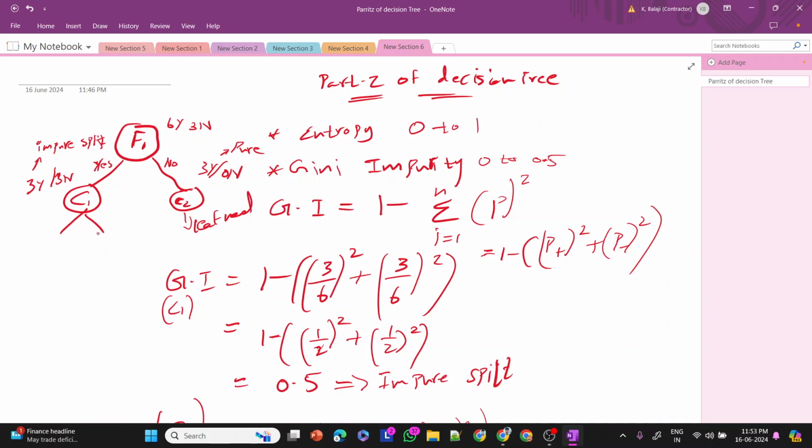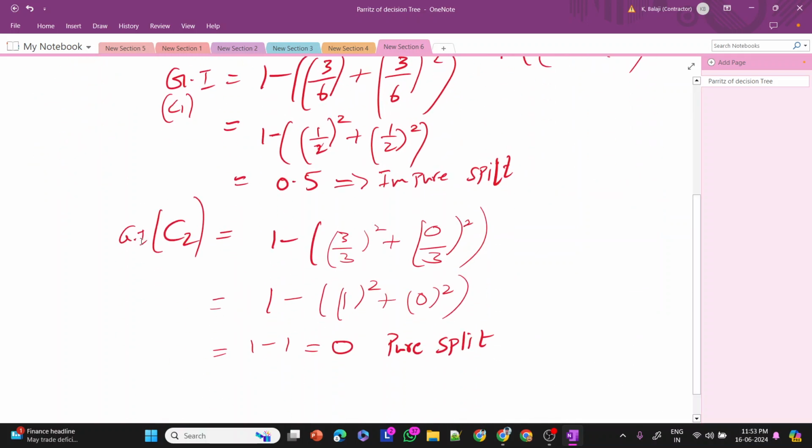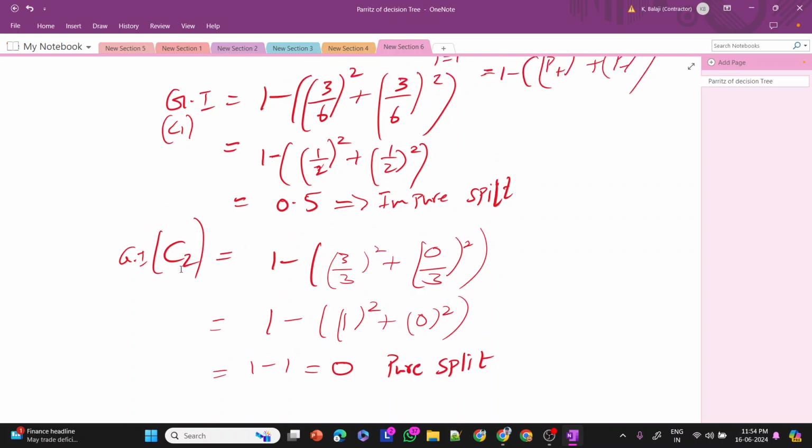Like this, if we want to split further, we have to compute entropy and Gini, and continue until we get 0 for all other nodes. We saw how to check whether a node is a pure split or an impure split. We can compute it by using Gini impurity, or we can use entropy.